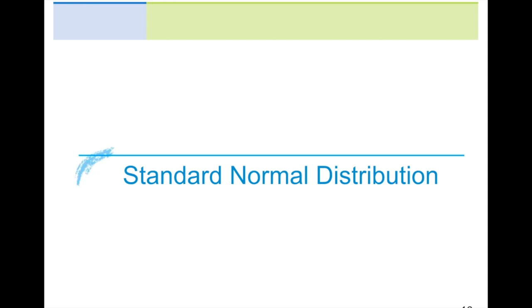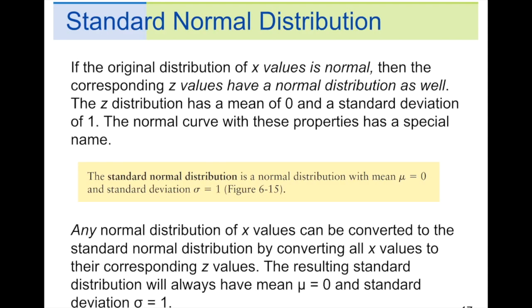Standard normal distribution. If the original distribution of x values is normal, then the corresponding z values have a normal distribution as well. The z distribution has a mean of 0 and a standard deviation of 1. The normal curve with these properties has a special name. The standard normal distribution is a normal distribution with mean mu equals 0 and a standard deviation sigma equals 1.